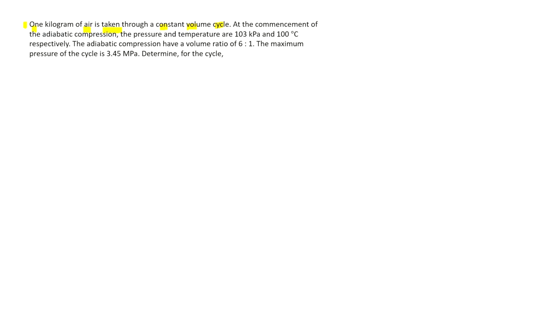At the commencement, that means at the start of the adiabatic compression, the pressure and temperature are 103 kPa, kilopascal, and 100 degrees C. The adiabatic compression has a volume ratio of 6:1.